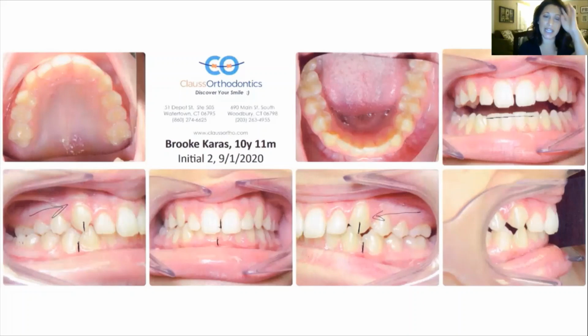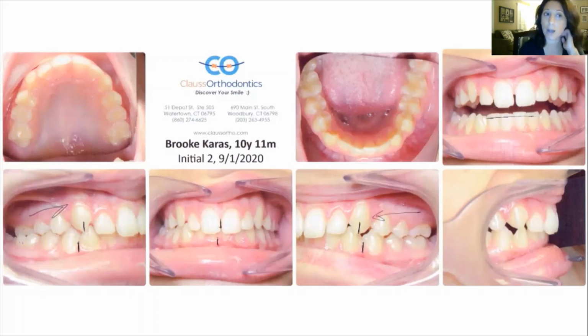If I can interrupt you for a second, we are not doing a palate expander, and we opted to try elastics on one side for a few months because the elastics can also have the same effect while being a little bit more conservative.